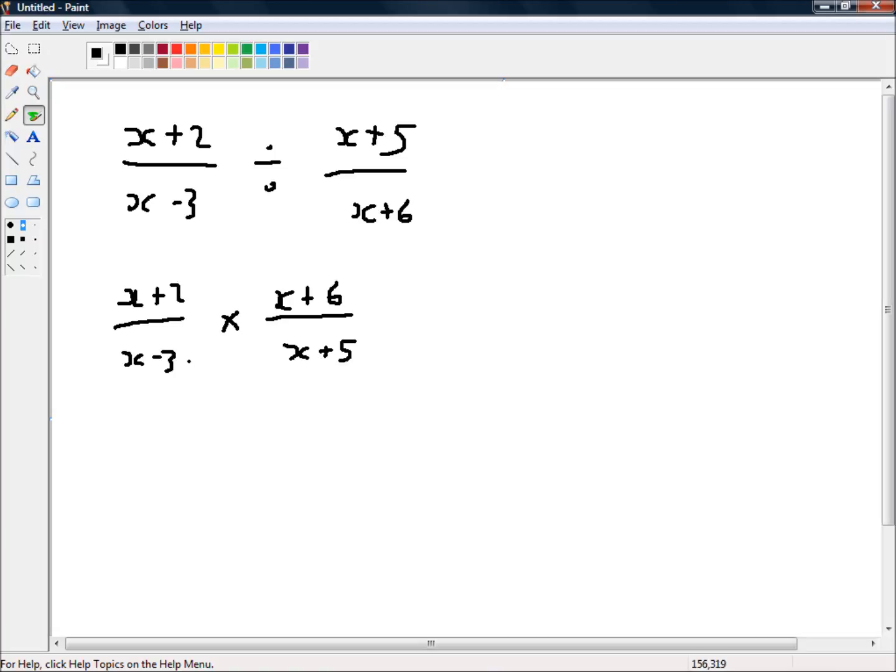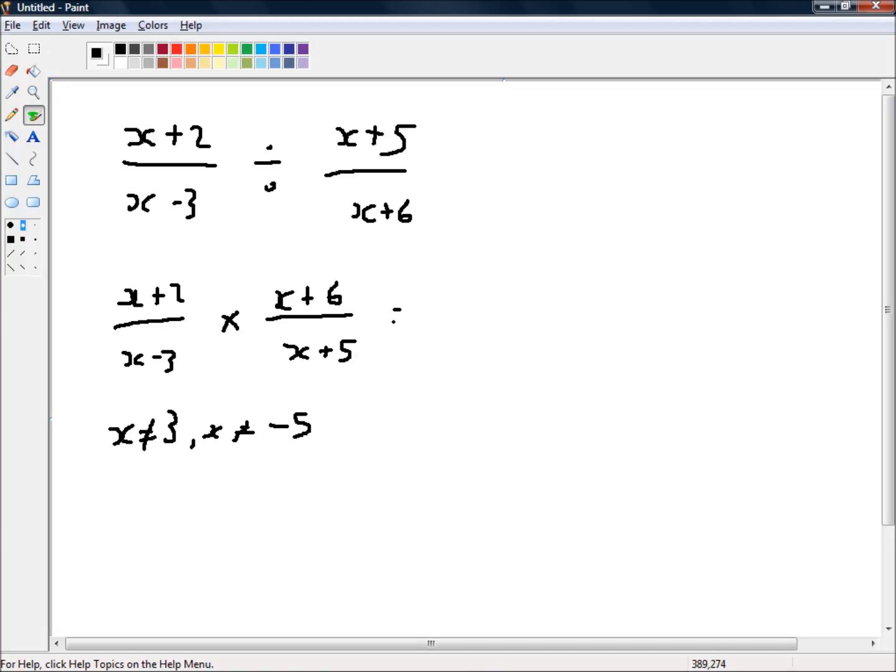Okay, so what conditions are going to make this nonsensical? Well, x cannot equal 3, otherwise x minus 3 becomes a division by 0. So x cannot equal 3, and x cannot equal negative 5. Otherwise x plus 6 over x plus 5 goes to x plus 6 over 0, which doesn't make sense.